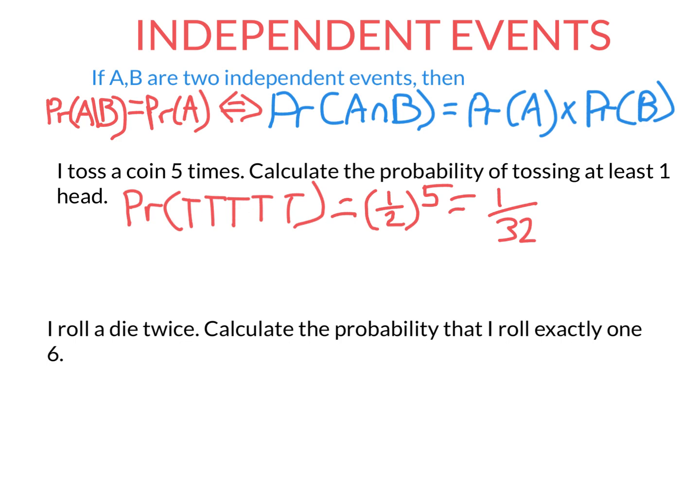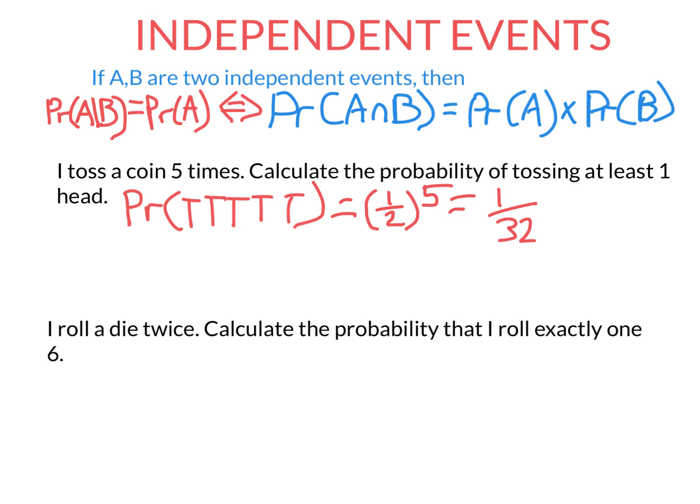So how does that help us calculate the probability of getting at least one head? Well, sometimes in probability, it's easier to calculate the probability that something doesn't happen. And notice that not getting at least one head is the same as getting all tails. So this was really easy to calculate.